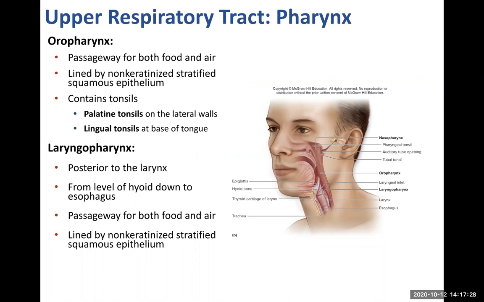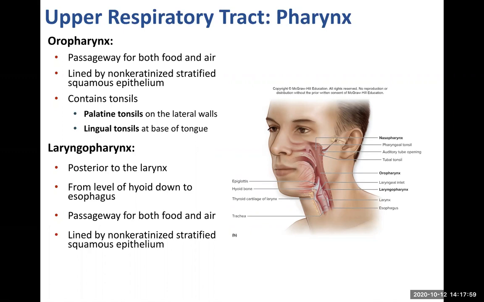When we think about our tonsils being inflamed, if you open your mouth and look down into your throat and you can see your tonsils protruding into your throat, those are your palatine tonsils, and those are the ones that oftentimes get removed if somebody has repeated strep infections, for example. But in any case, palatine and lingual tonsils are both part of the lymphatic system and involved in your immune response.